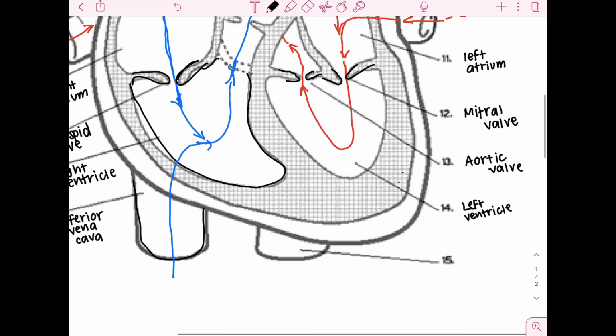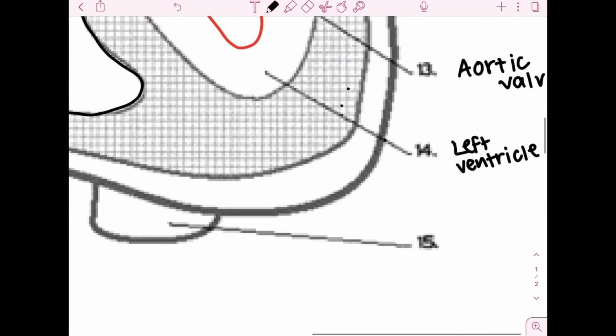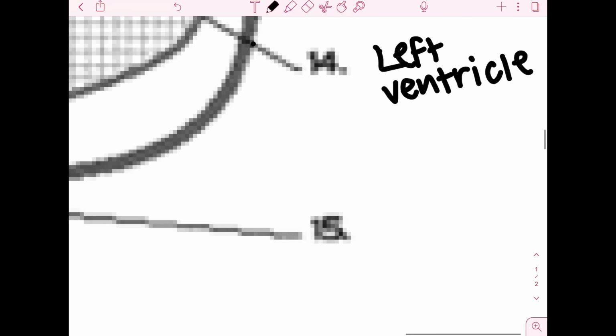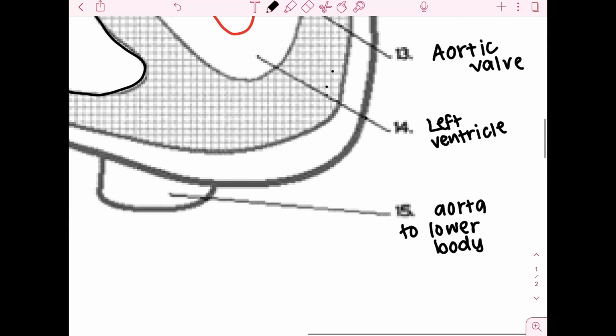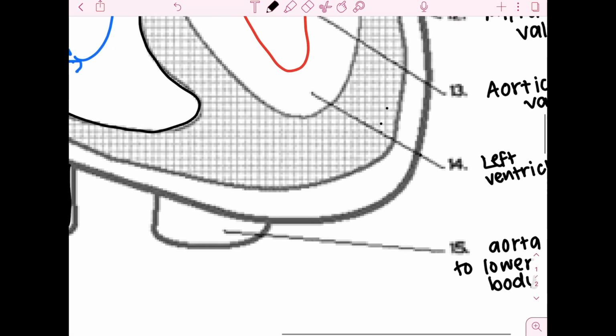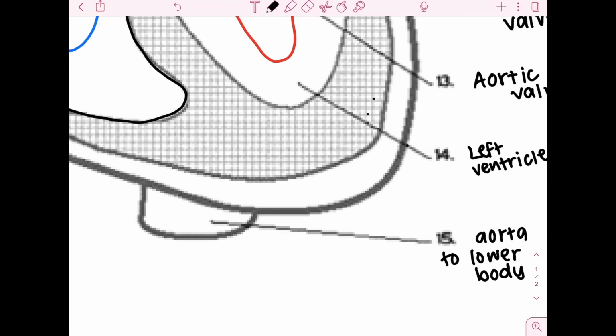And then that brings us to number 15. Number 15, we're just going to call it aorta to lower body. Remember that the aorta is an artery, so it will be pumping blood away from the heart.